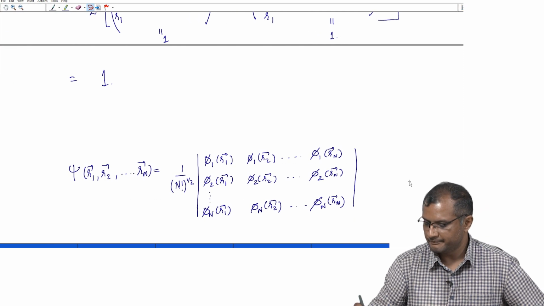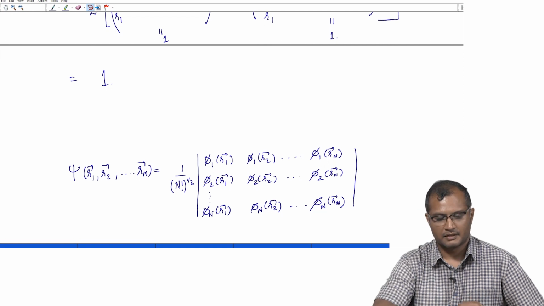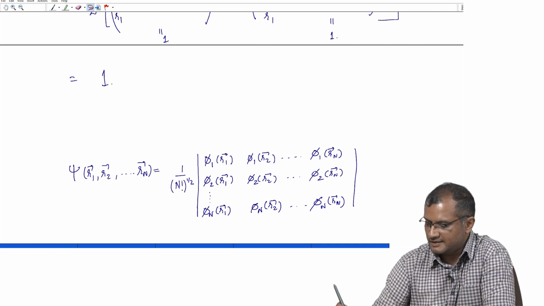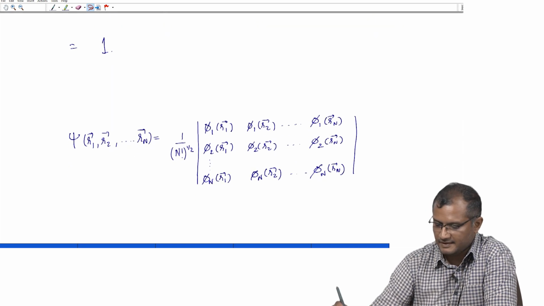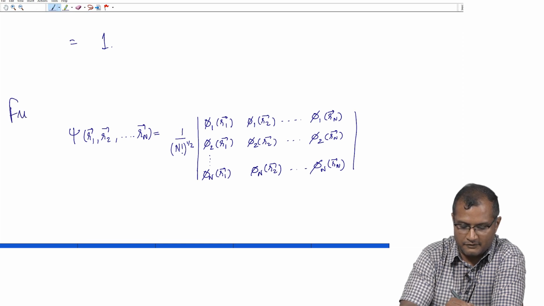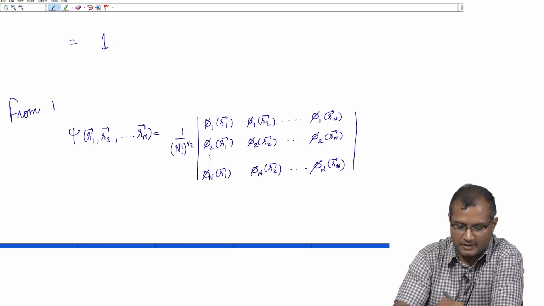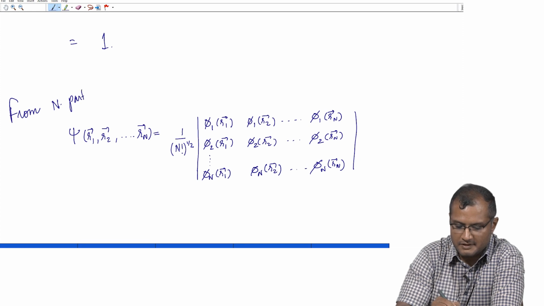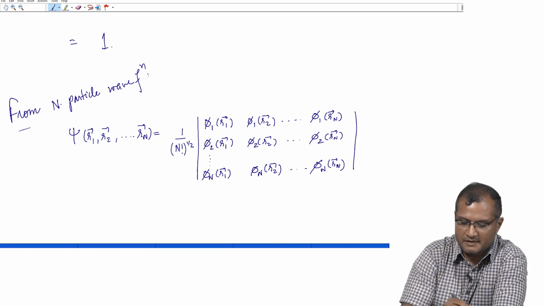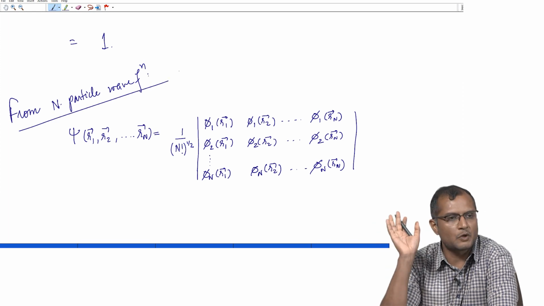Can you see why? So, suppose, from this n particle wave function, which is written in the form of a determinant, I can simply use a property of a determinant.